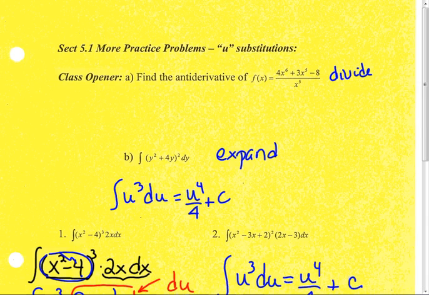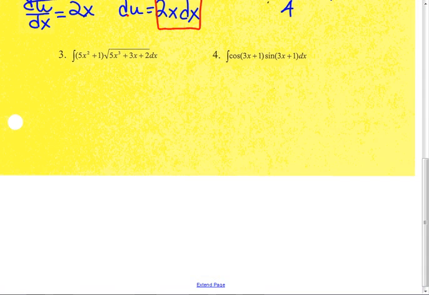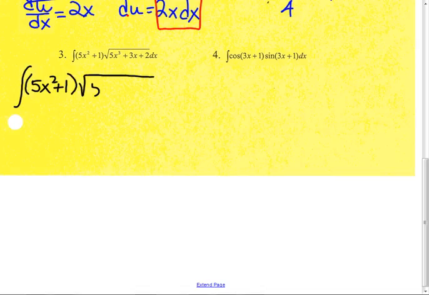Go back here. I should have some room on this sheet. Okay, and I'll just rewrite it so you can read it. This one's a little harder. And on just figuring out what you want u to be, it's really kind of a guessing game. But what I look for is I look for a function, because that looks really complicated.